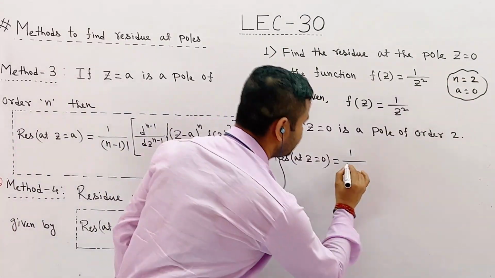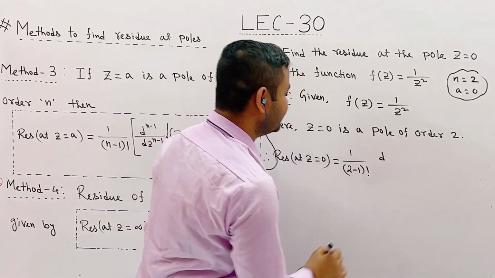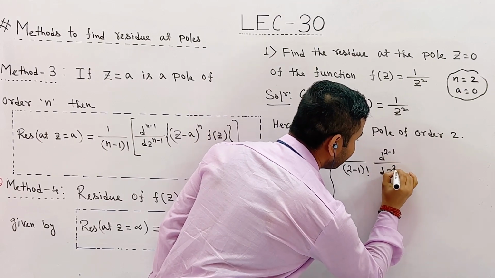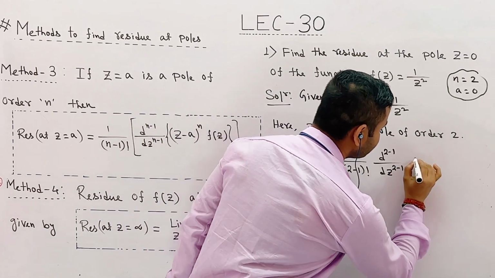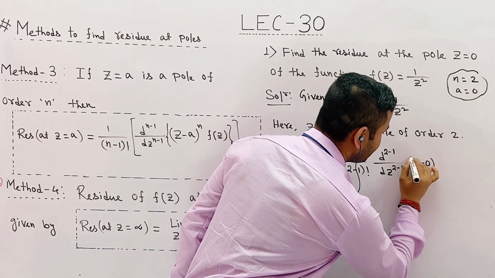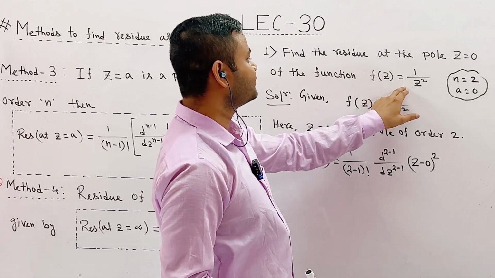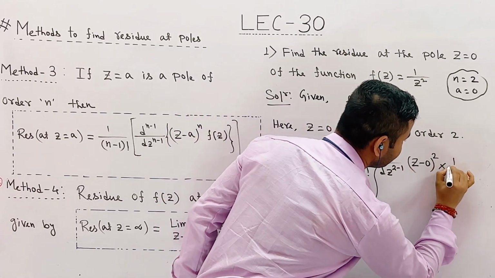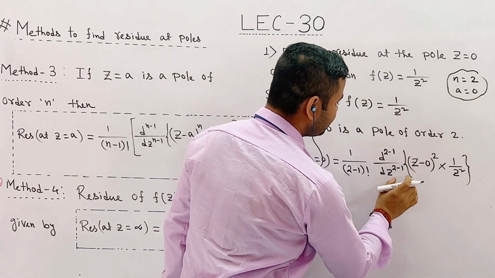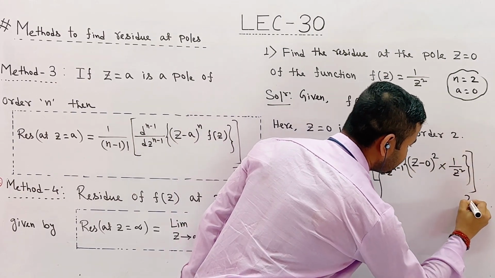N means 2. (2 minus 1) factorial into d to the power n minus 1, 2 minus 1, divided by dz to the power n minus 1, that means 2 minus 1, of (z minus a), here a is 0, whole to the power n, that means square, into f of z. Here f of z equal to 1 by z square. We have to find out the value of this differentiation at z equal to 0.